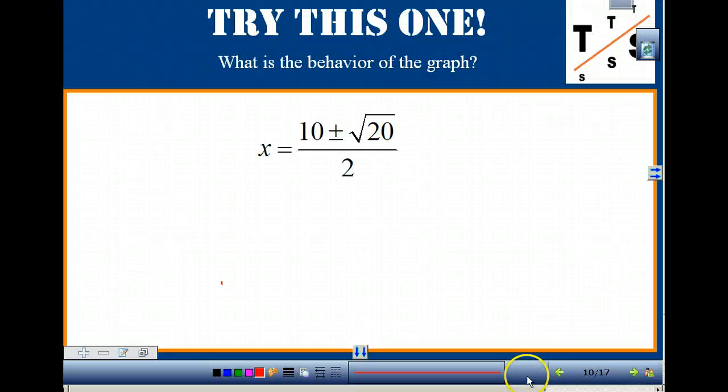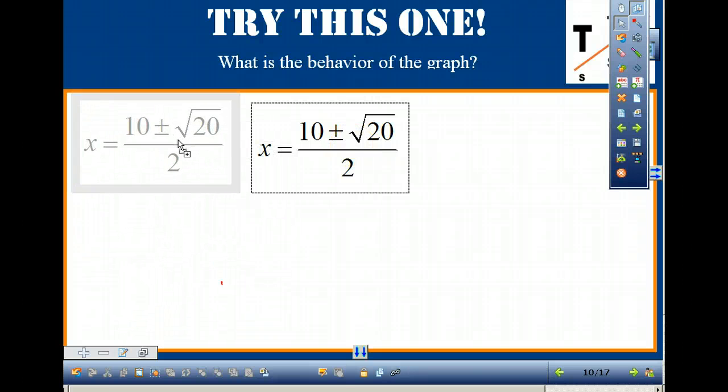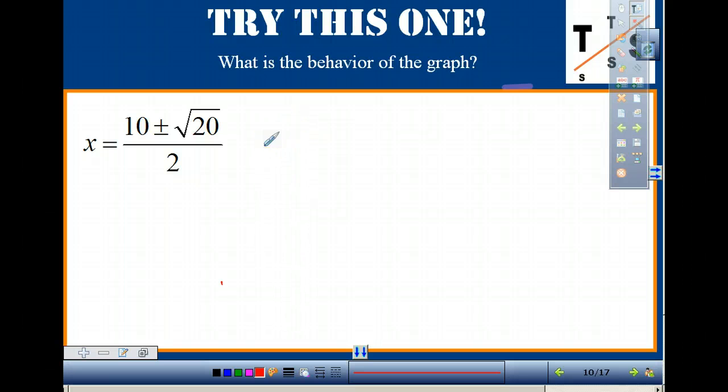What we're doing right now, when we have a problem like this, watch up here. Remember, this is coming from quadratic formula, which you will be doing tomorrow.